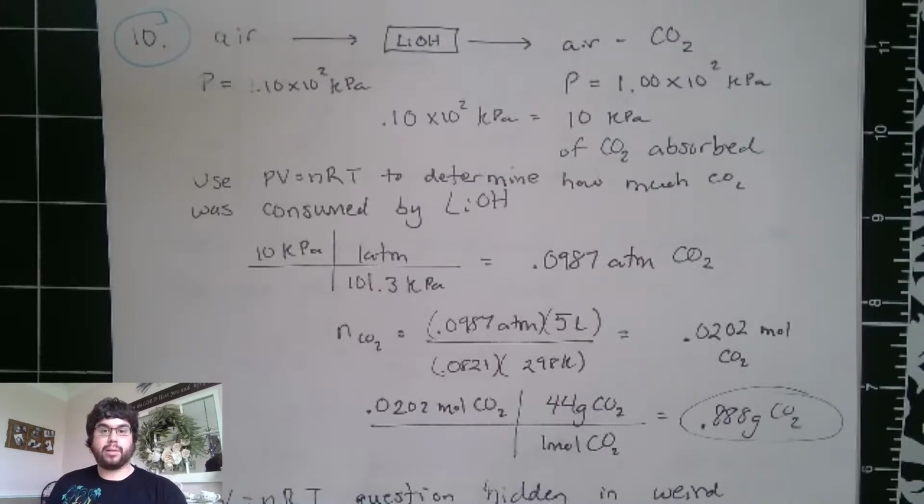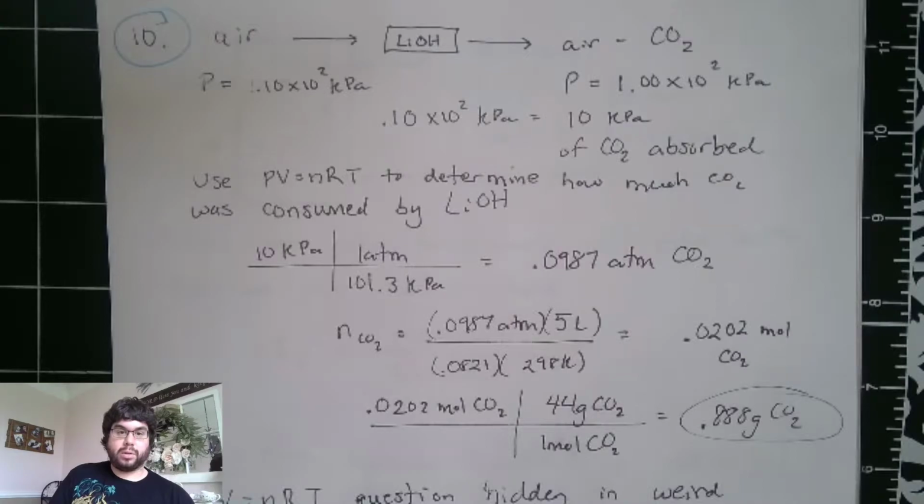In a laboratory trial, the air in a 5-liter container at 1.1 times 10 to the second kPa and 25 degrees Celsius was passed through a canister of LiOH. The pressure of the air in the container decreased to 100 kPa, measured again at 25 degrees Celsius. The mass of CO2 absorbed from the air sample by the LiOH in the canister was.